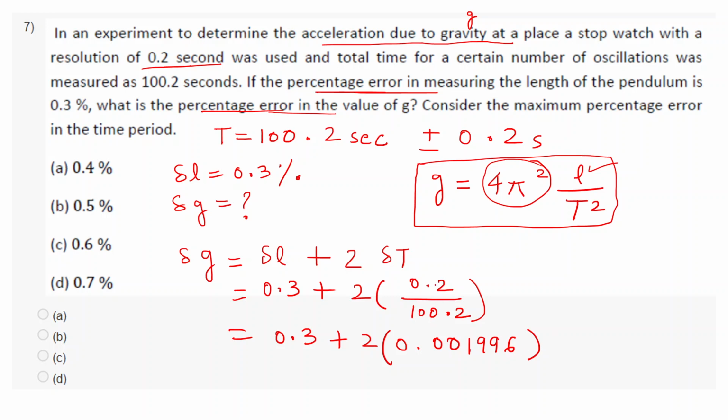So here if I round it off to one significant figure, then it will become 0.002. Okay, and I'm rounding it off to get one significant figure. So you can see here only this digit is significant. When I multiply with 2, 0.002 multiplied with 2 is 0.004 plus 0.3.